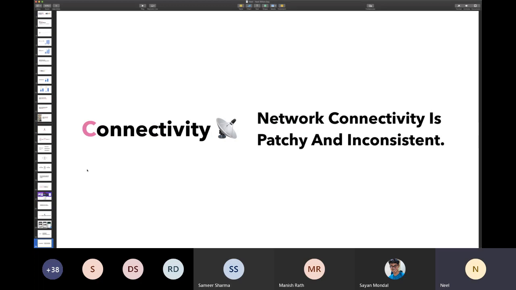The second one is connectivity. Even though Jio today claims that its 4G connectivity is present everywhere, and Airtel also makes that same claim, we all know that that is not true. The network connectivity is patchy and inconsistent. There are corners of your house where your signal just drops to 1 bar, and there are some spots in your house where the signal is pretty good.